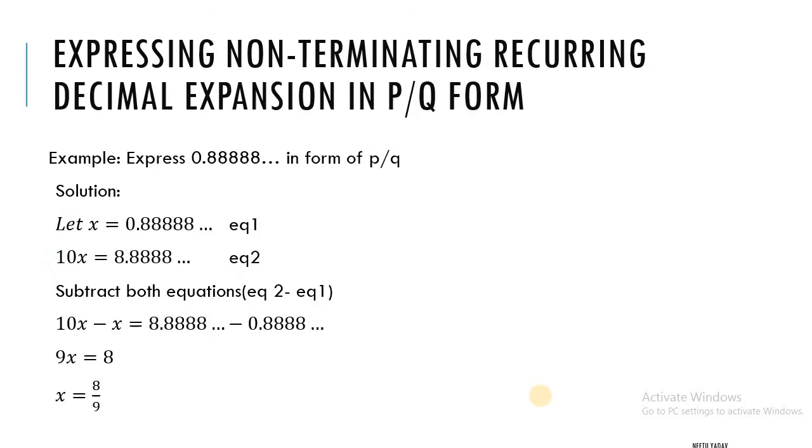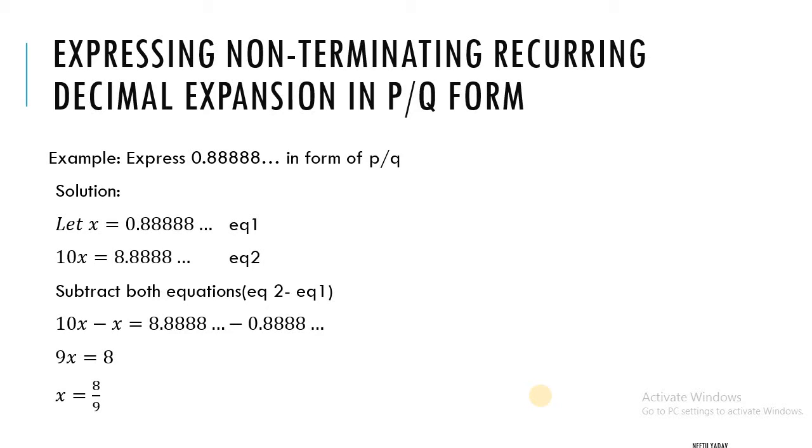Next is expressing non-terminating recurring decimal expansion in p by q form. For example, first of all, we have to assume that the number is x.